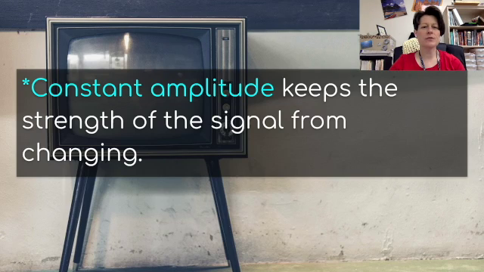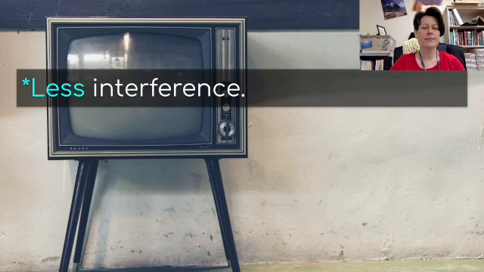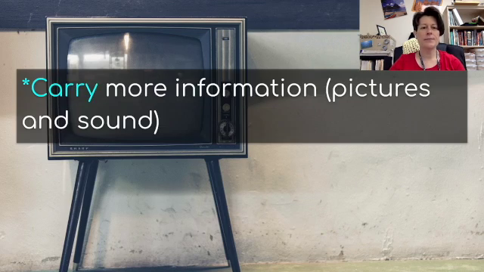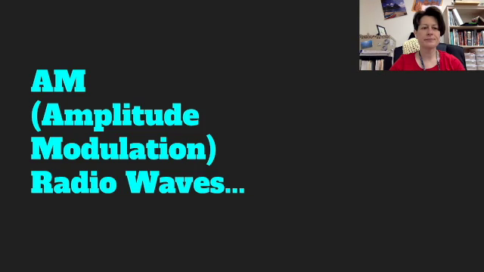AM radios actually change the amplitude, so the signal gets stronger and weaker at times. There's less interference than with AM radio, and FM carries more information. It can also carry pictures and sound, so it's FM that is used for television.